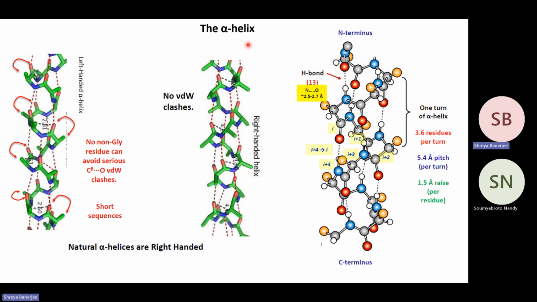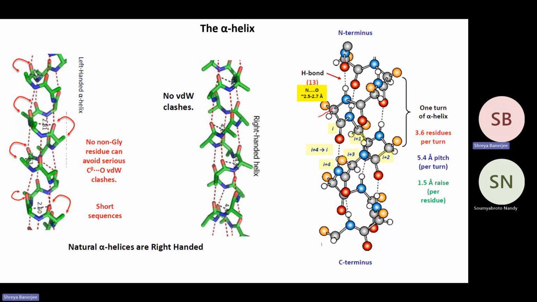Now, the right-handed alpha helix has some properties. One is that there is a hydrogen bond between the I and I plus 4 amino acids. So let us first label how we are labeling the I and I plus 4. I'll label according to C alpha.